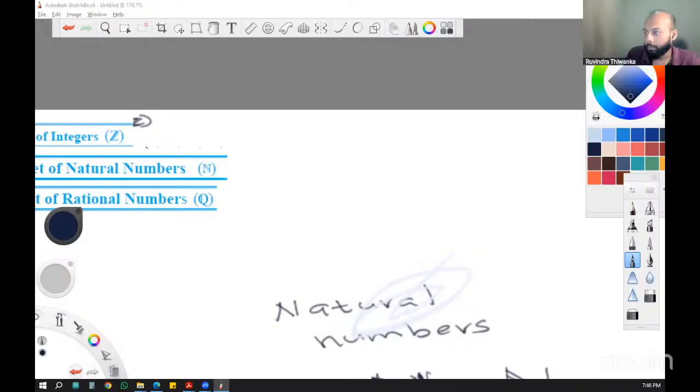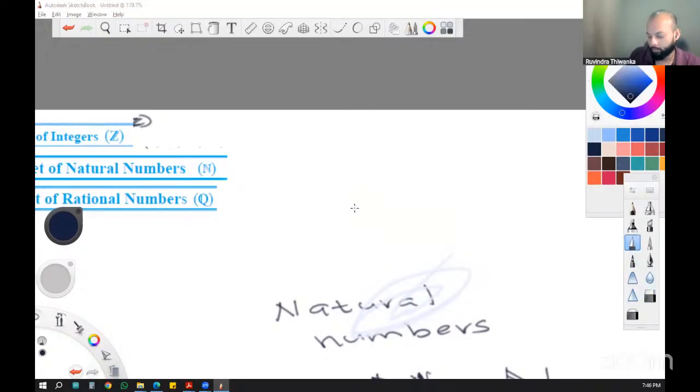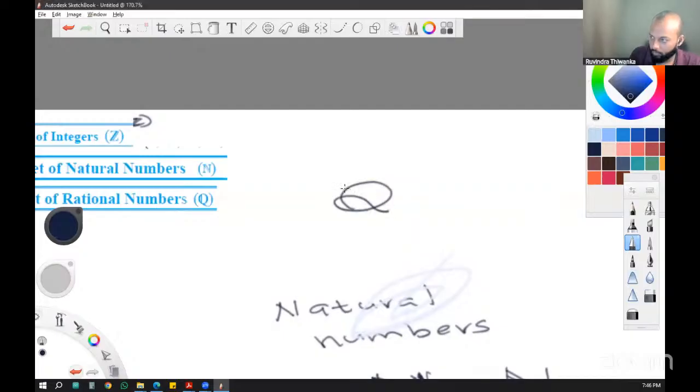The set of rational numbers is a collection of all the numbers that can be written as fractions.